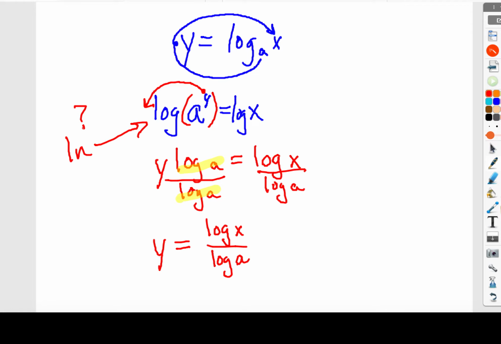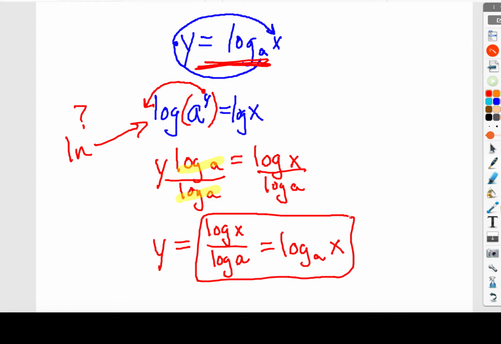But if y equals log of x over log of a, remember up top, y equaled the log base a of x. So really, this also equals the log base a of x, and these two statements are the same.